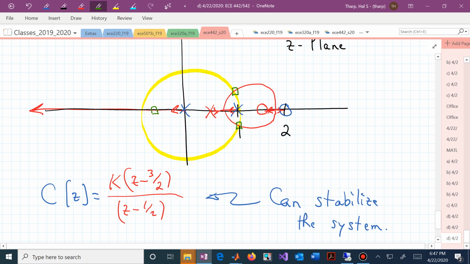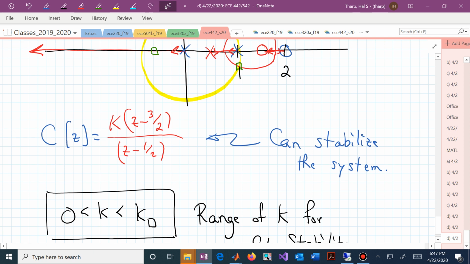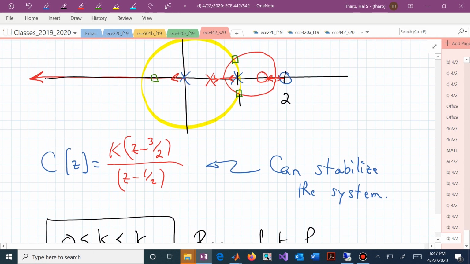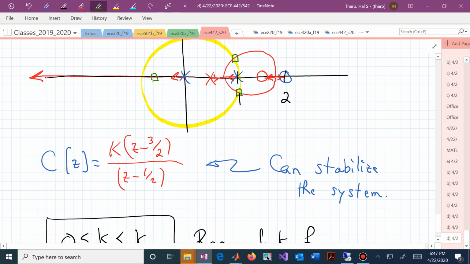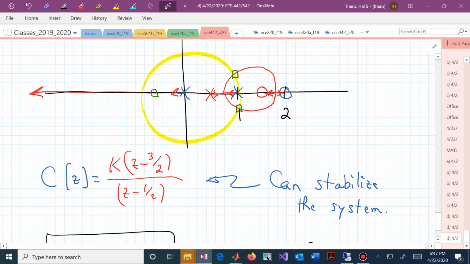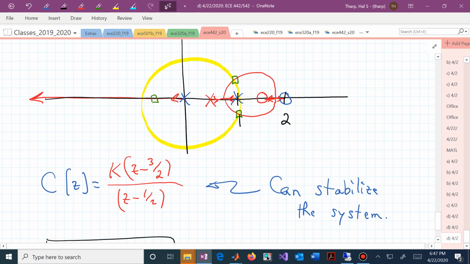Now our stability, let's just say that that's the case, then our range of k for closed loop stability would be for k being between 0 and k box. Now we are stable as long as k is bigger than 0 and less than k box, as long as this box stays to the right of -1.